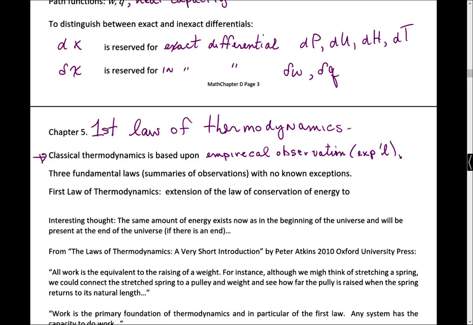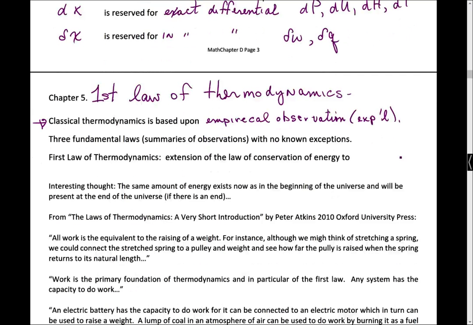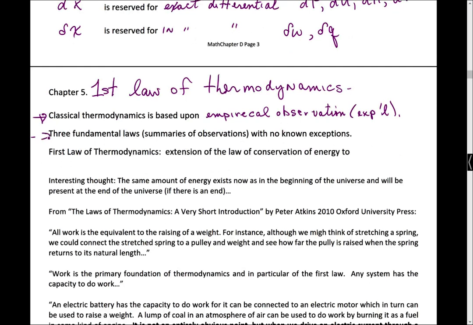And when we talk about laws, we recognize that laws don't tell us why things occur. They just summarize what occurs. So the laws of thermodynamics summarize the experimental observations. The results of the experiments were summarized in 3 fundamental laws. We don't know of any exceptions, which makes them pretty darn important.